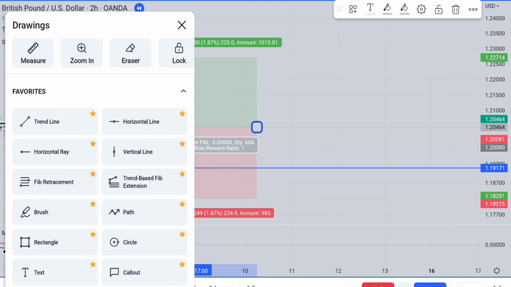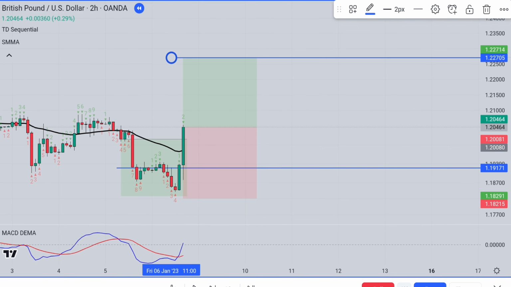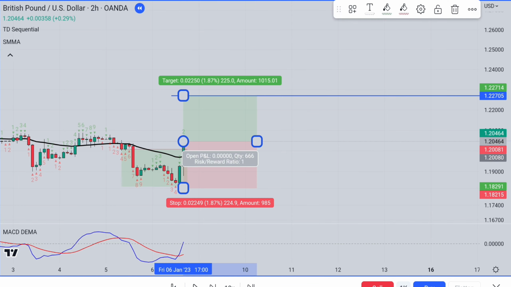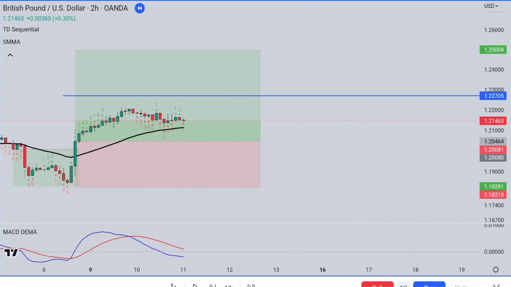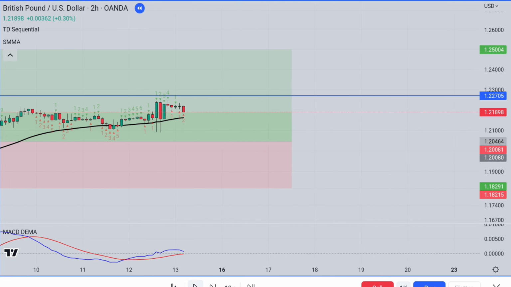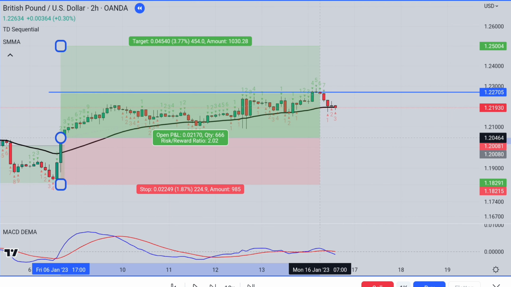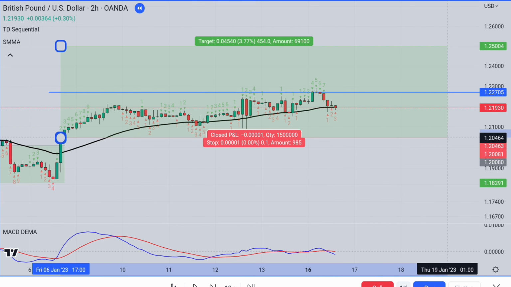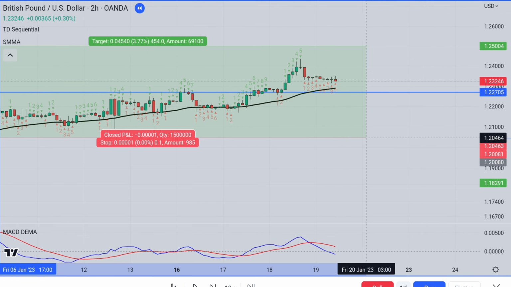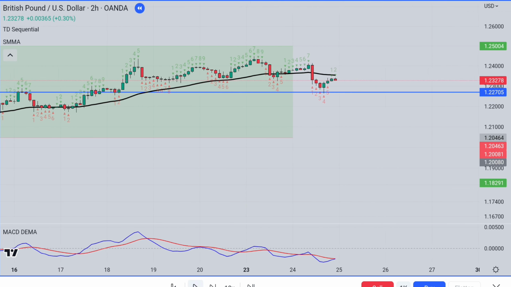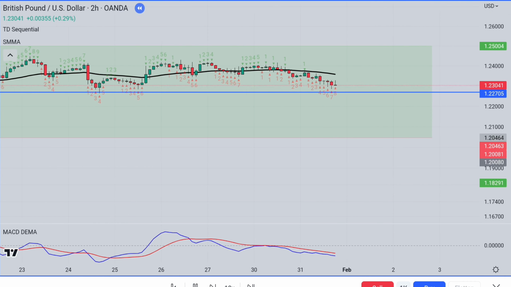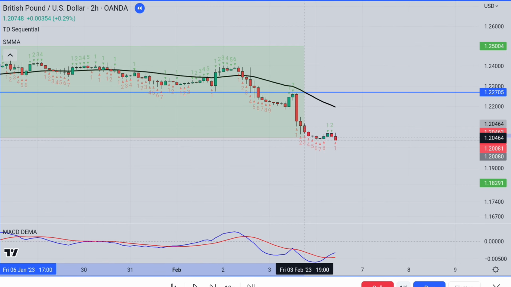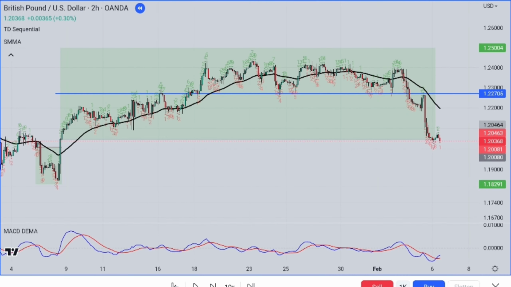As you can see, all the conditions were quickly met here. And this trade also closed at the 1-to-1 reward level.